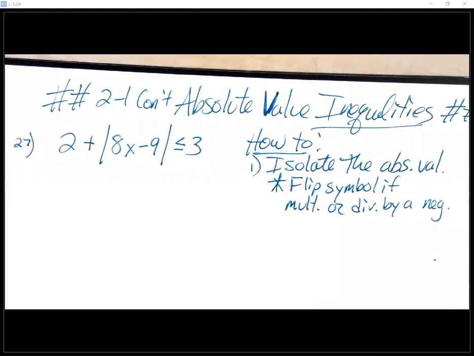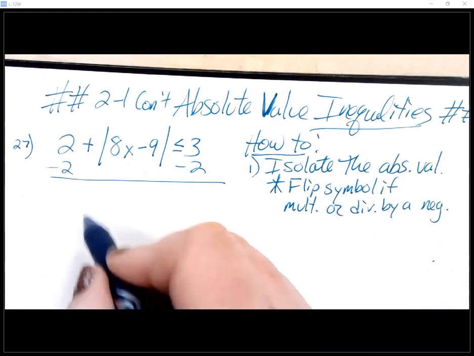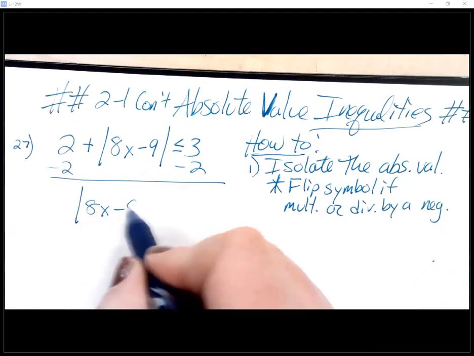Okay, so I do have to do this because my absolute value is not by itself. I'm going to have to minus the 2 to the other side. Okay, not so bad. Minus 2, minus 2. 8x minus 9 less than or equal to 1.